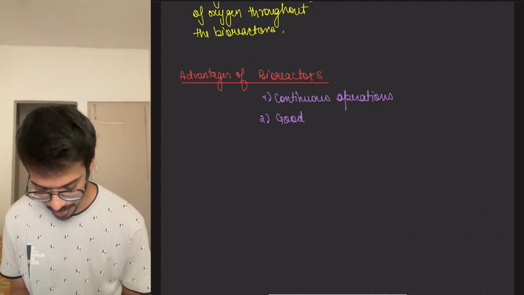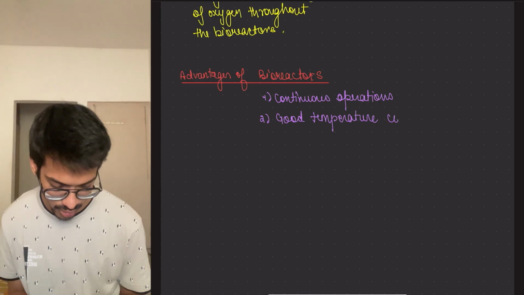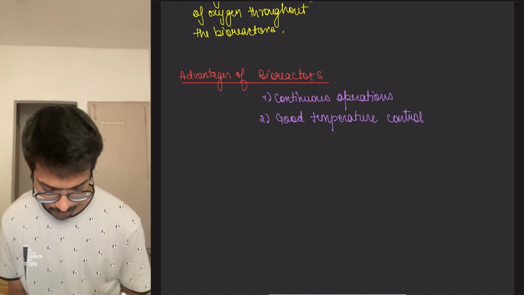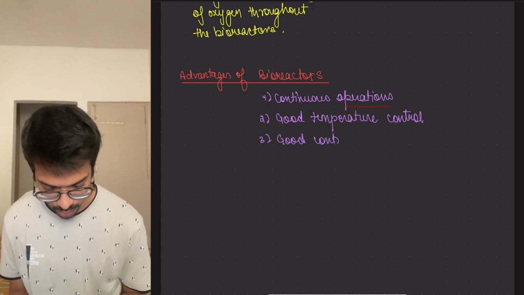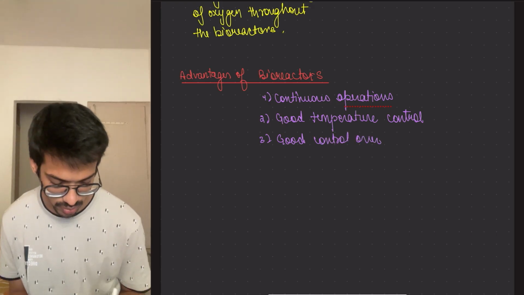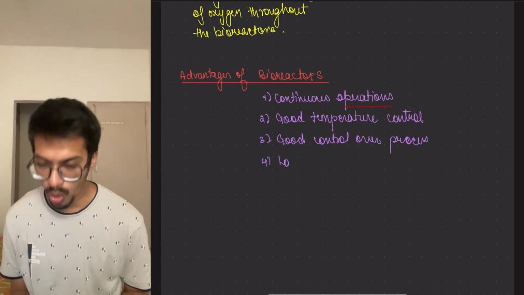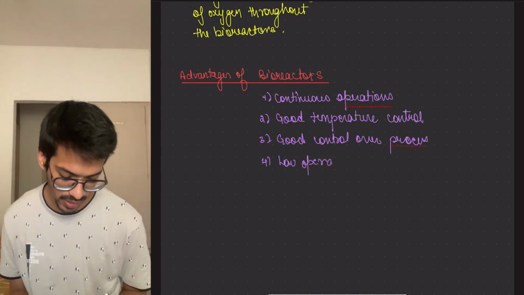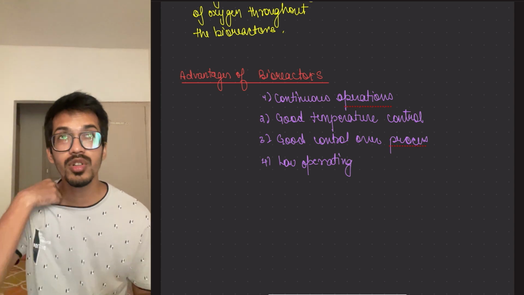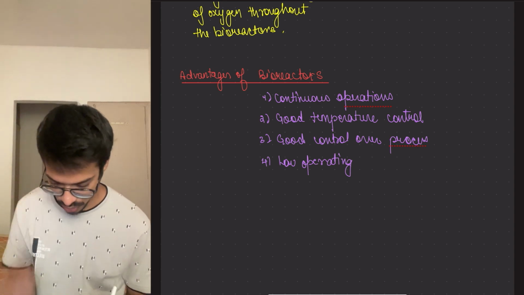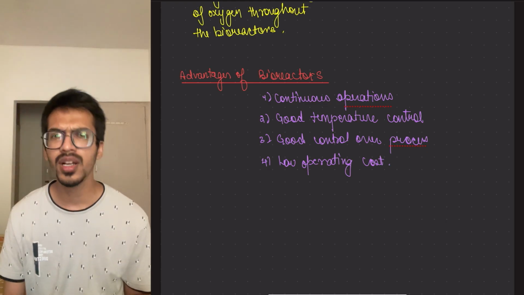Then it has good temperature control, good control over the process. Then low operating cost, because if humans were there, multiple steps would be there, and the cost would be more. So low operational cost is there, which makes it suitable.